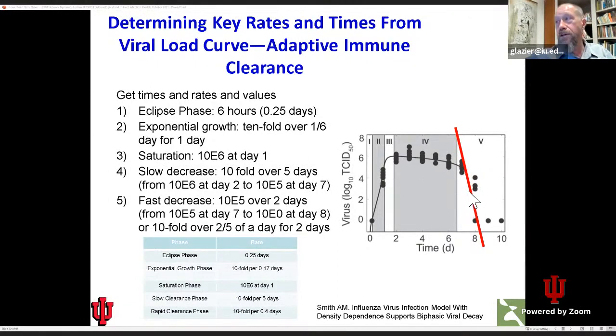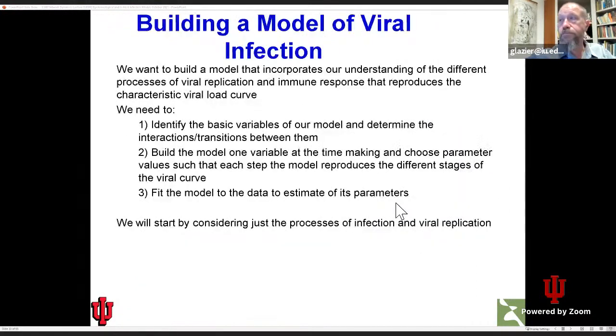And then when we come to trying to fit that tail where we get the fast decay, we're going to have more difficulty. The reason is that biologically, the processes at work get more and more complex as we go to the right, later in the viral infection.